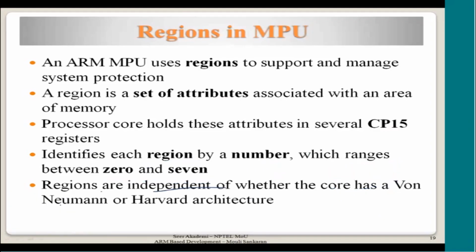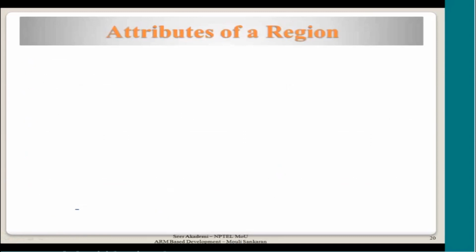Regions are independent of whether the core has a Von Neumann or Harvard architecture, that is, whether it treats data and instruction memory as separate or as a unified single memory. It doesn't matter. The regions are the same for both, and the way it handles them is the same.